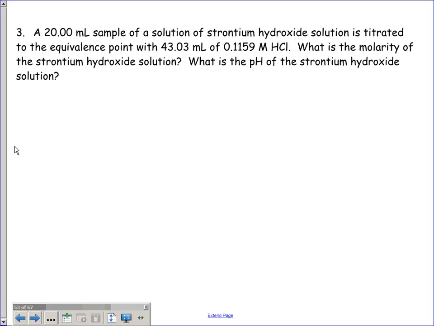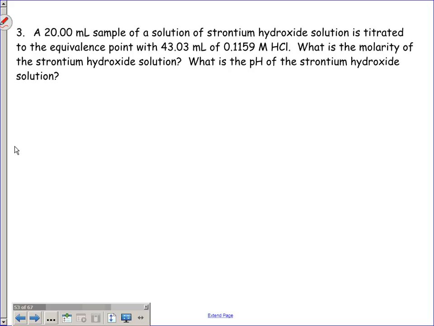Hydronium? Most of the time, except for bases that have 2 hydroxide atoms. So what do you have to do?